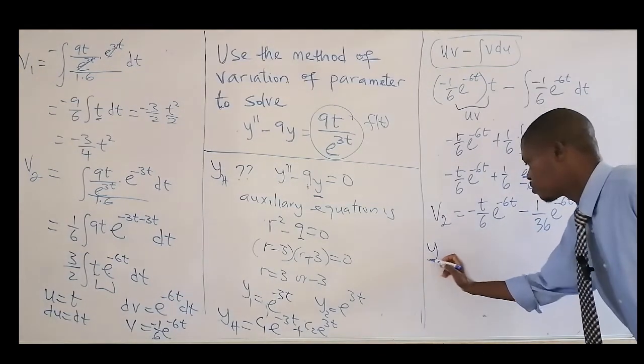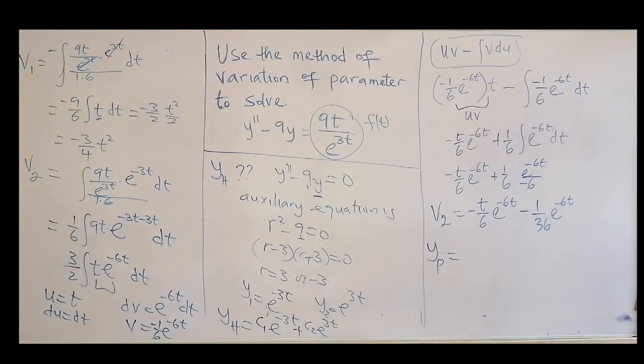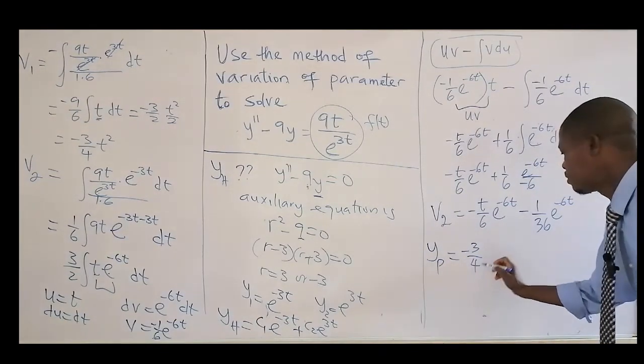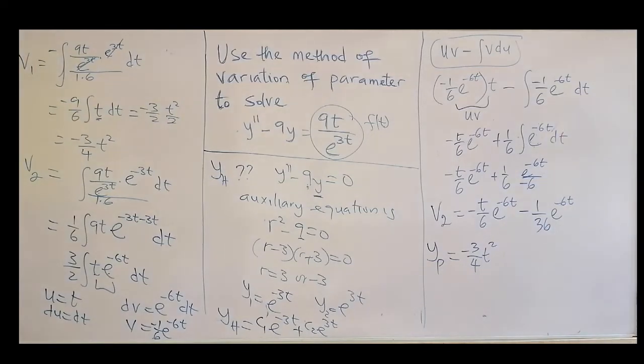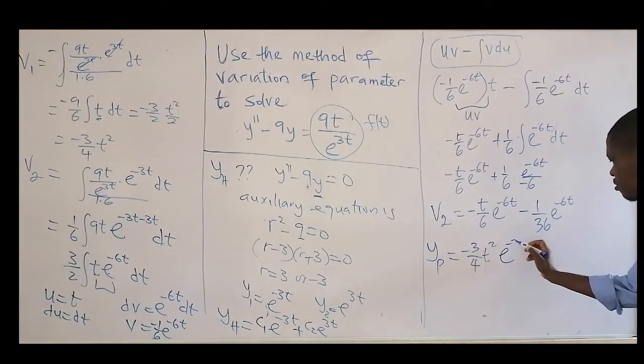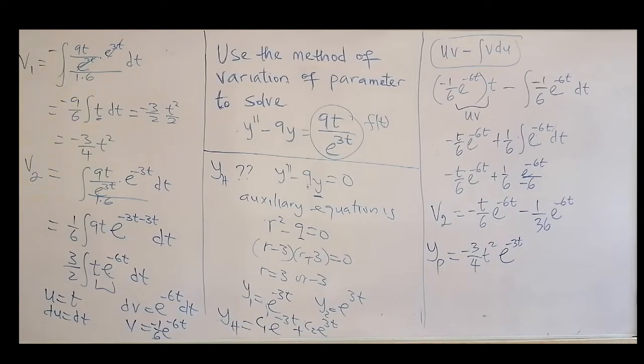The yp now, the particular solution, will now become v1, and v1 is what? Minus 3 over 4 t squared. That's v1 times y1, which is e^{-3t}, then plus v2, which is what we have here, times y2. y2 is e^{3t} into brackets minus t over 6 e^{-6t} minus 1 over 36 e^{-6t}.